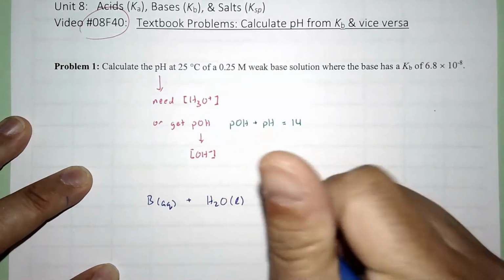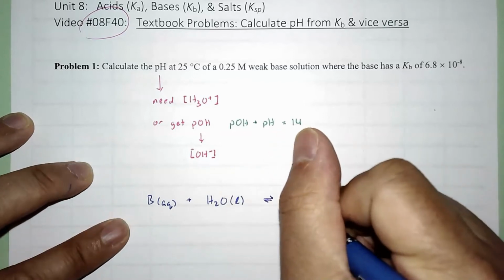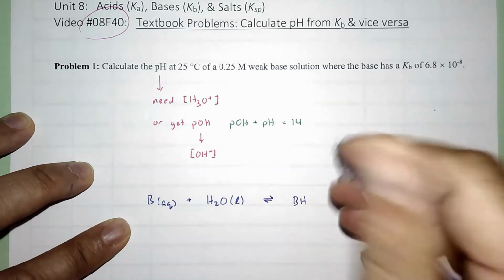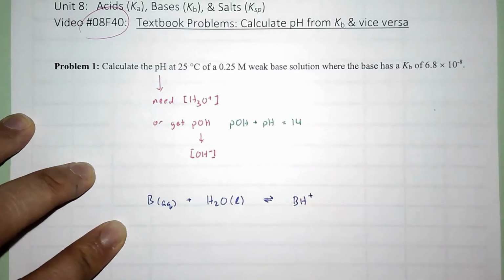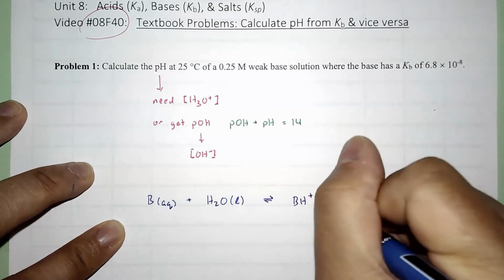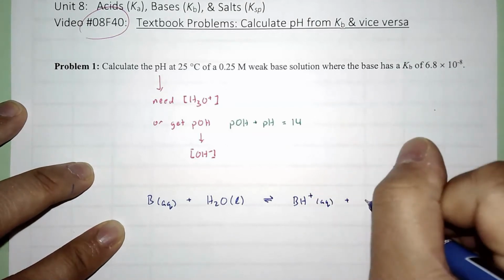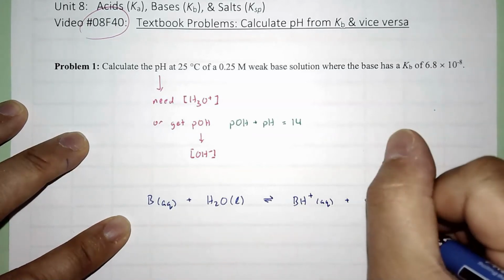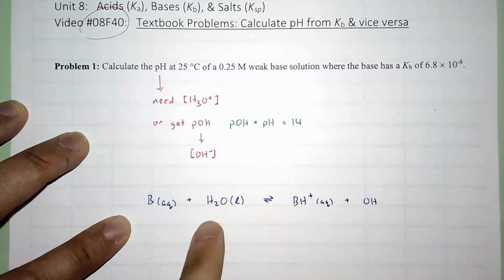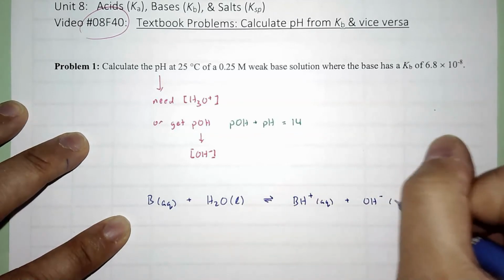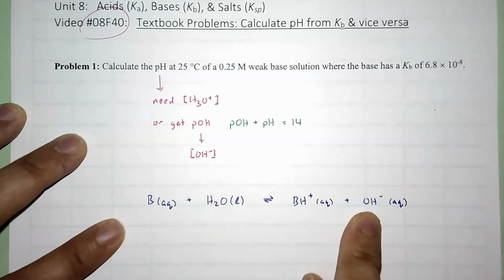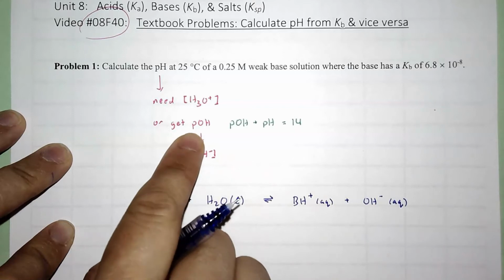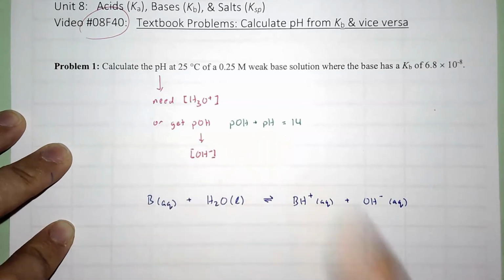Therefore, when a neutral species grabs an H+, you gain a +1 charge, aqueous. When that base grabbed the proton off of water, water became the conjugate base, OH minus, aqueous. If we are able to get that concentration at equilibrium, we could get pOH, and then we could get pH.